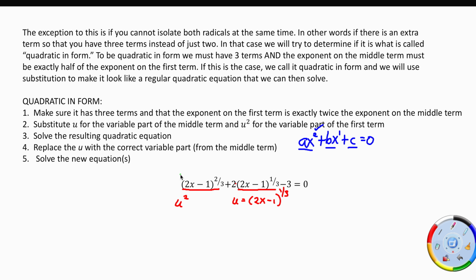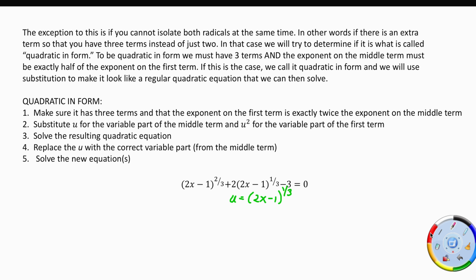So if I were to square this term, U squared, I would get, not this term, this term. If I were to square this term, I would get 2x minus 1 to the 2/3. So that's U squared. So every single time, I'm just going to let U equal the variable part. That'll automatically mean this is U squared.